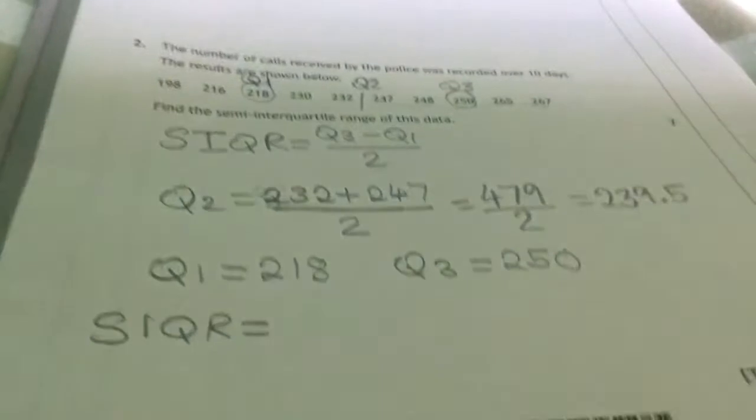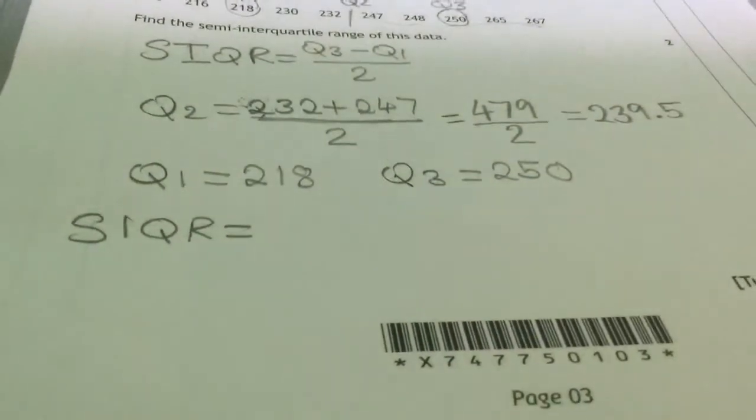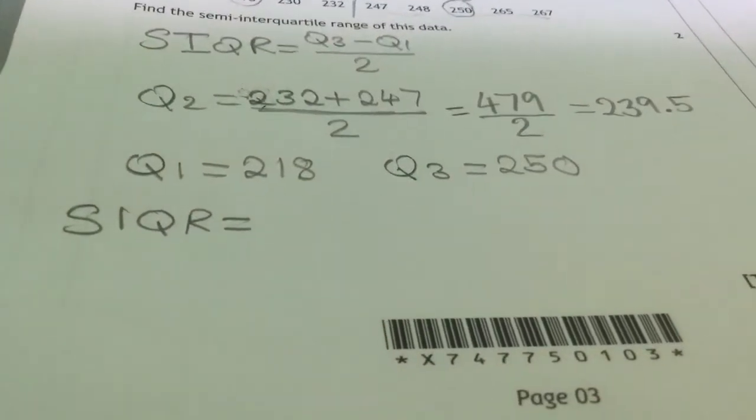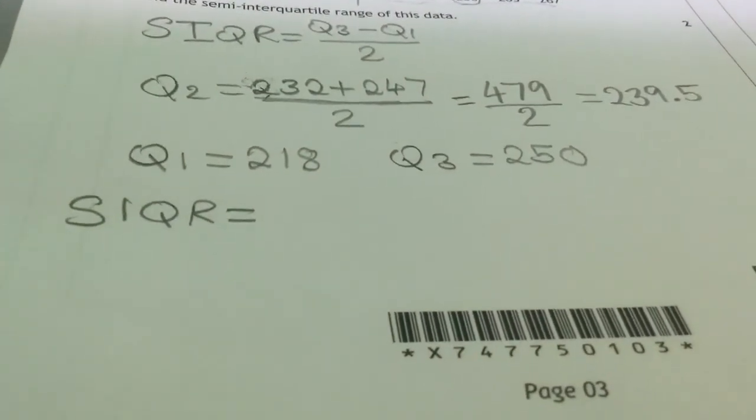Now we're going to proceed with calculating the semi-interquartile range, as the question asks. The semi-interquartile range is quartile 3, the upper quartile, minus quartile 1, the lower quartile, all divided by 2.